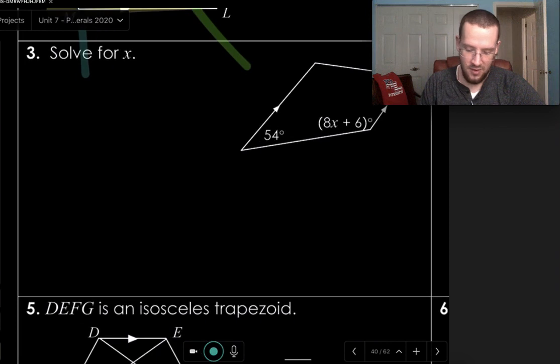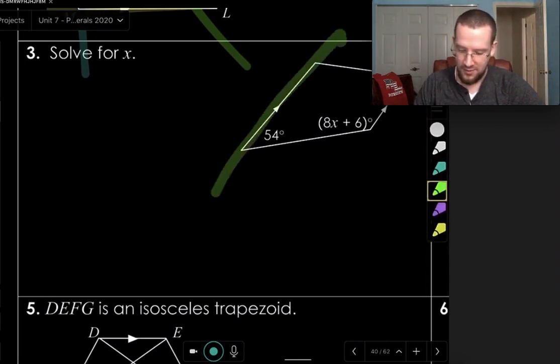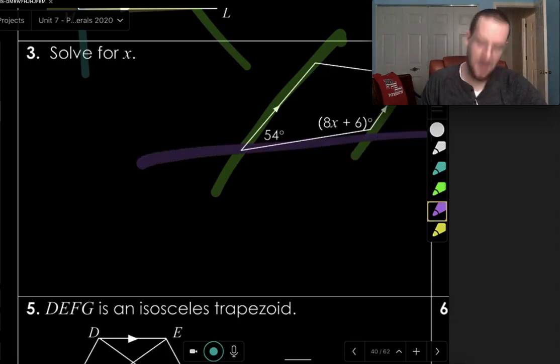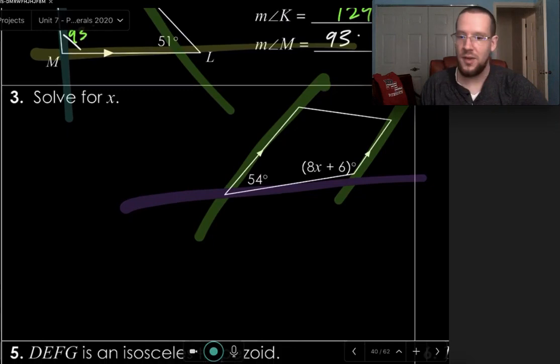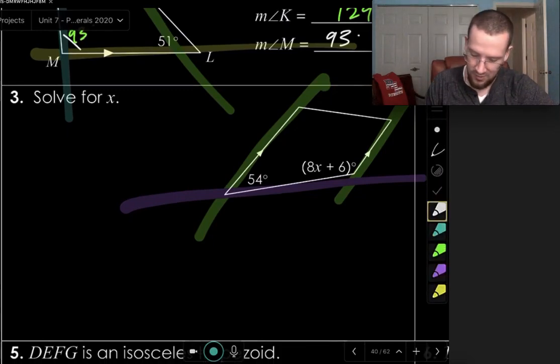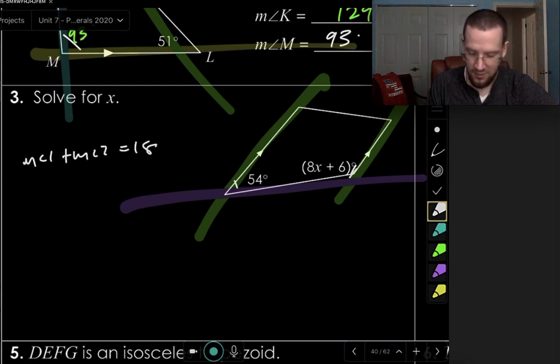So let us look at this next example. Now, if we can see the difference here, this is algebra, but again, the principle is the same. So notice here that we have a transversal cutting two parallel lines, and thus these are consecutive interior angles. And so the measure of angle 1 plus the measure of angle 2 is going to add up to 180.